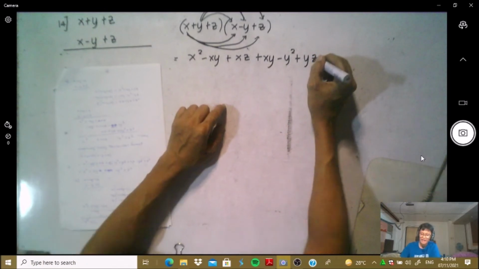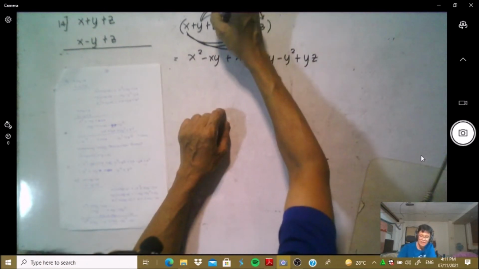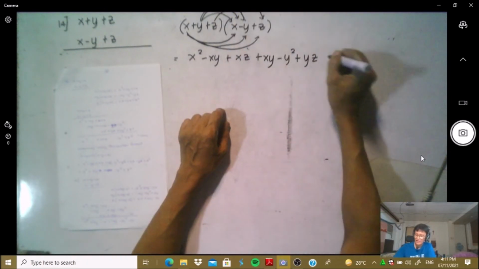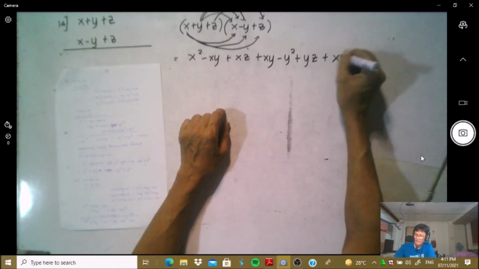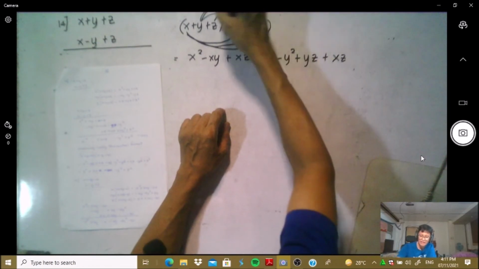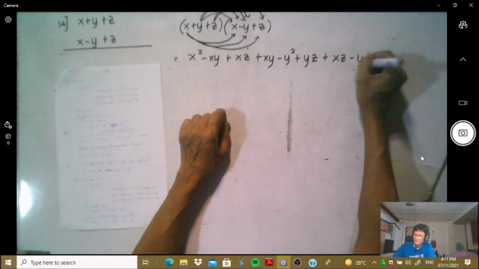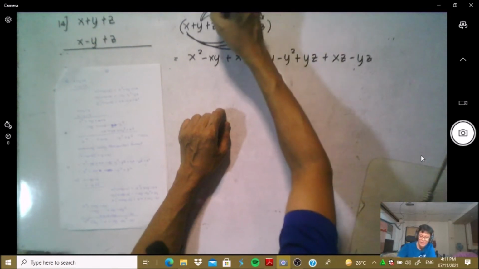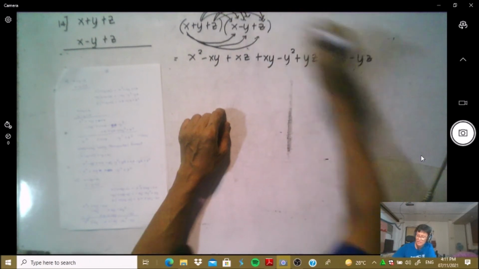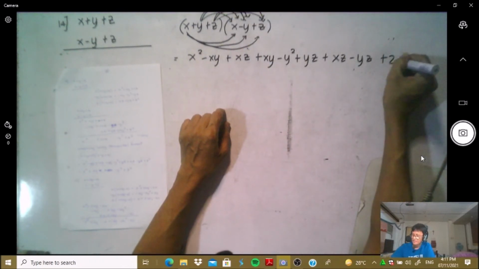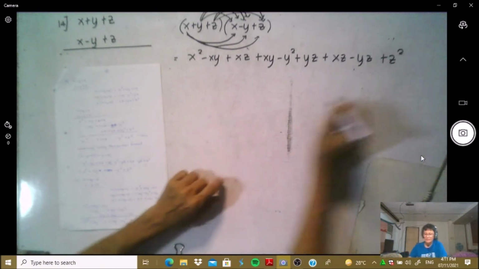Then next we have c times x, so we have plus xc. Then c times negative y, so negative yc. Then last, we have c times c, so that is plus c squared. Okay, let's combine.